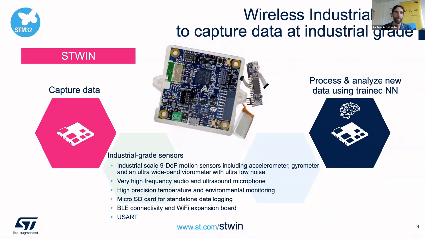On this, you have ultra wide bandwidth 3D vibration sensors, 3D accelerometers, gyroscope, magnetometers, humidity and temperature sensors, and also some connectivity via the BLE on board or Wi-Fi expansion board. So you have everything you need to get started with this type of boards and get to prototype quickly with the Edge Impulse SDK.